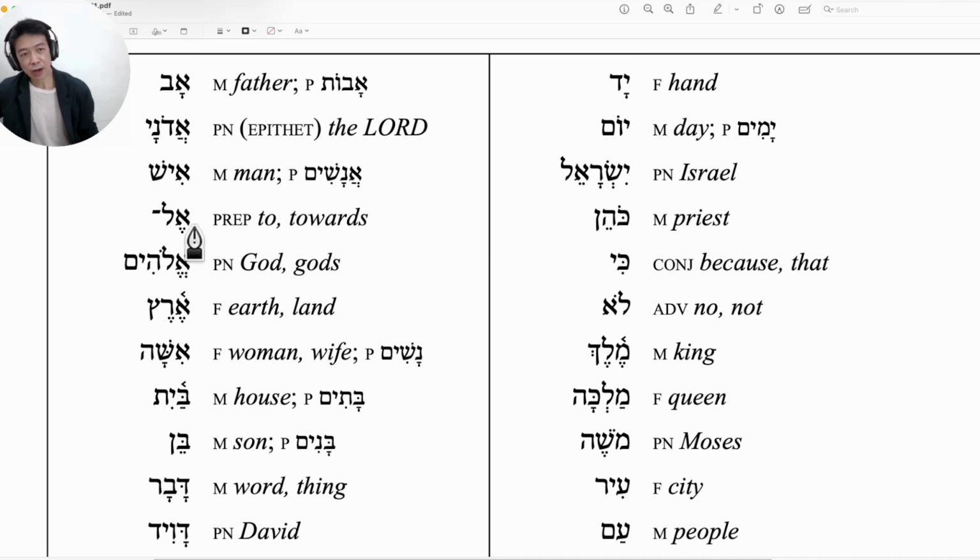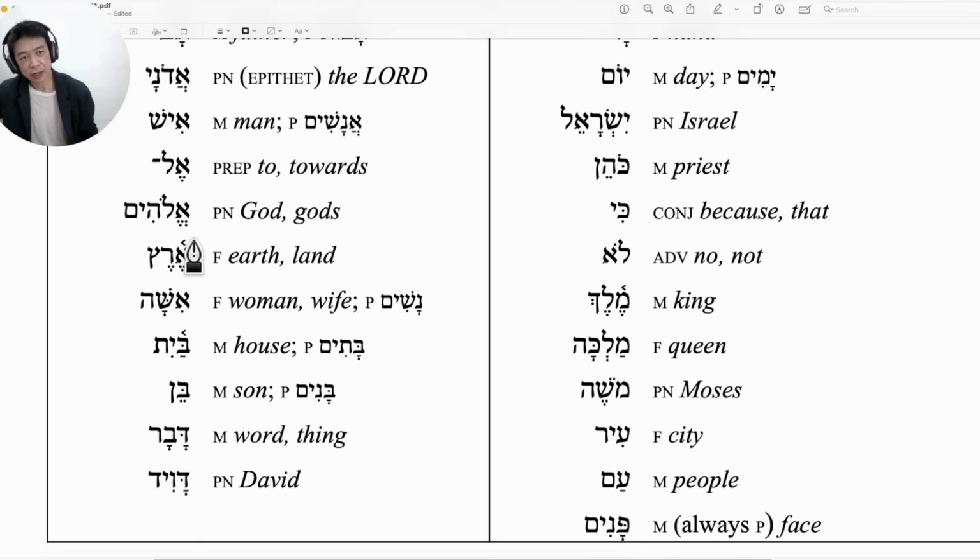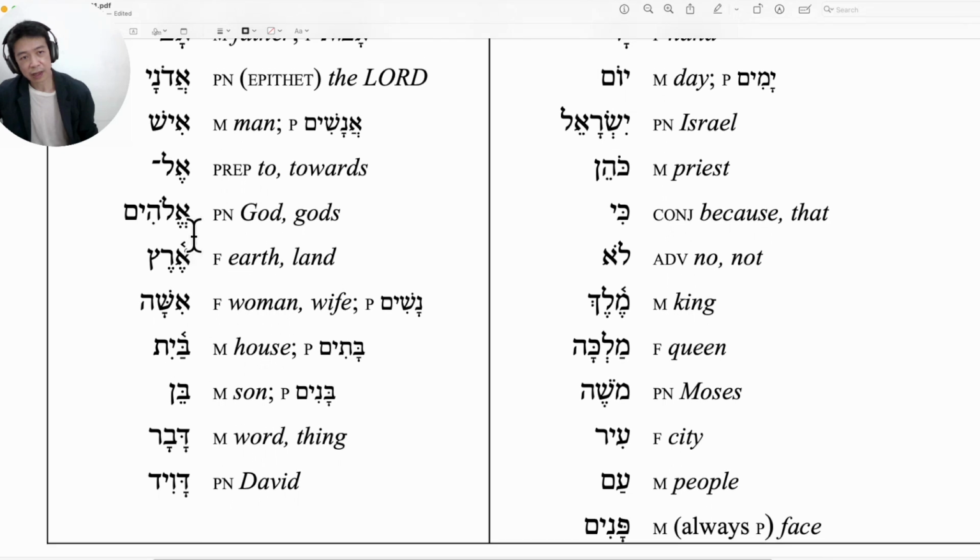And the next one is a preposition which means to or towards. It is read as el. The next word is Elohim. It means gods, or it refers to God.